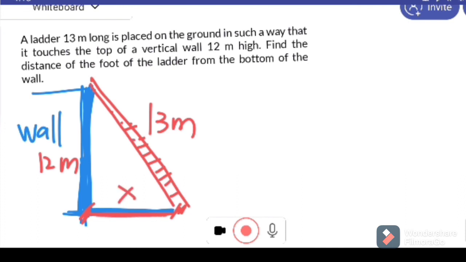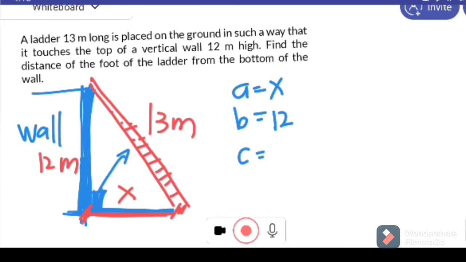We have A is equal to X, B is equal to 12, and the hypotenuse opposite the right angle is C, 13 meters. So applying Pythagorean theorem, c squared is equal to a squared plus b squared.